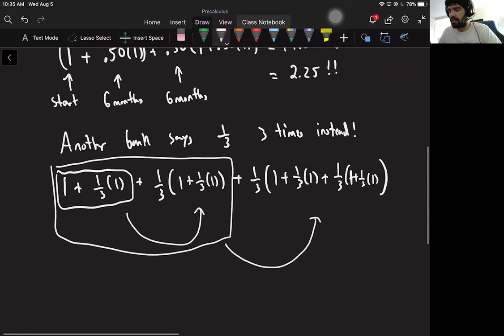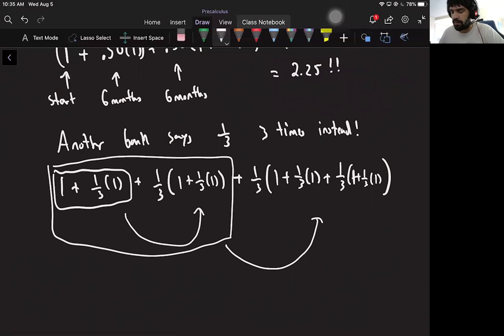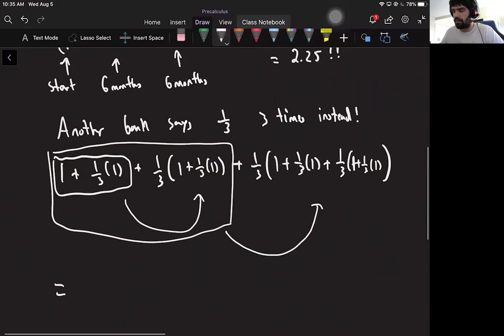And so then this is how much you end up with at the end of the year. But it looks really complicated, but it turns out to simplify into something much easier. It just turns out to simplify into 1 1/3.